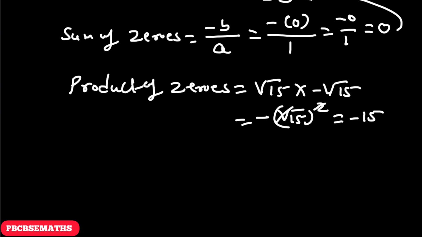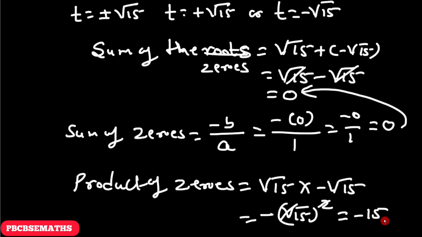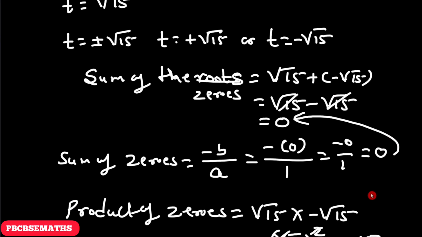Let's verify it. We know that product of the zeros is always equals to c by a, that is constant term divided by coefficient of x square. In the given quadratic polynomial, the constant term is minus 15 and coefficient of x square is 1. Let's substitute that here.